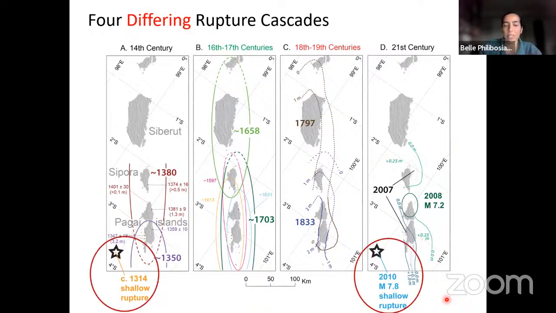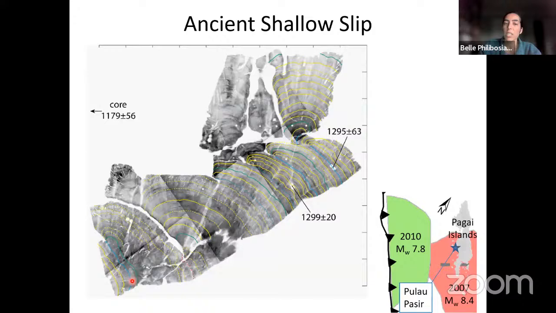Finally, let's look at what's going on with these shallow ruptures. There was a shallow rupture in 2010, also known as a tsunami earthquake, but we found evidence that there was a similar but not identical event in the 1300s. So this is a coral from South Pagai Island.